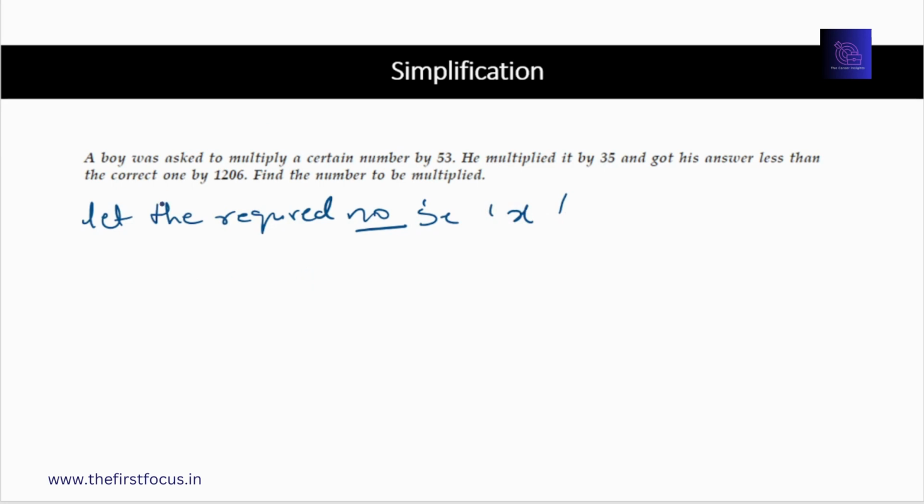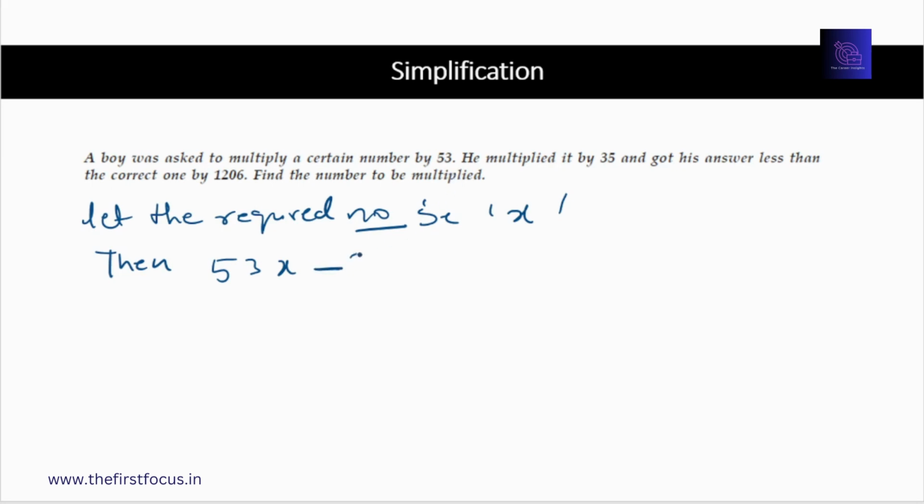Now the next step is, we multiply this x with 53, so that is 53x. Now he multiplied it by 35, right? So he's supposed to multiply the number by 53, but what he did is he multiplied with a lesser number, 35.